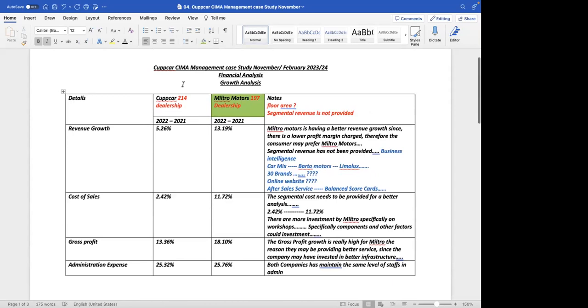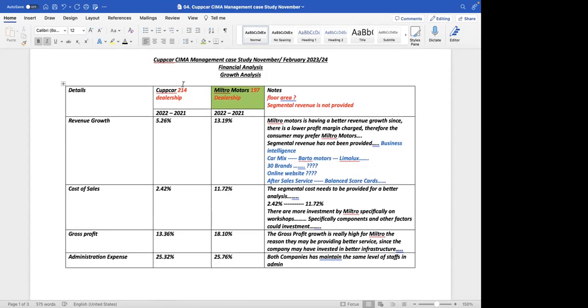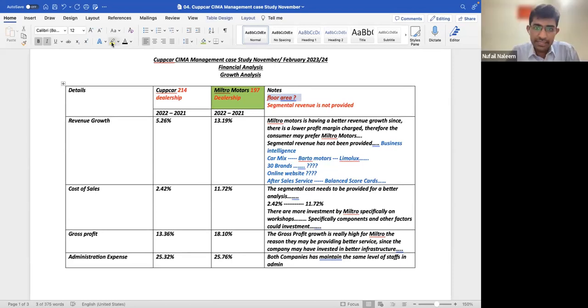So is it not lower for Miltro, 197 dealerships compared to Cuppcarr? The question is this floor area. Because the reason is maybe 197, but still maybe bigger size. Can that be? That's the confusion we have.